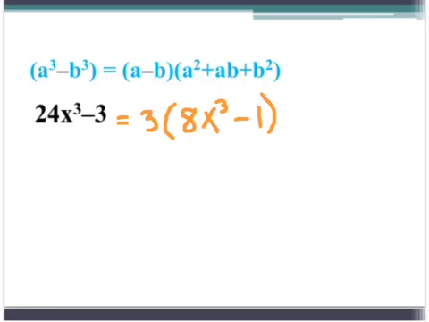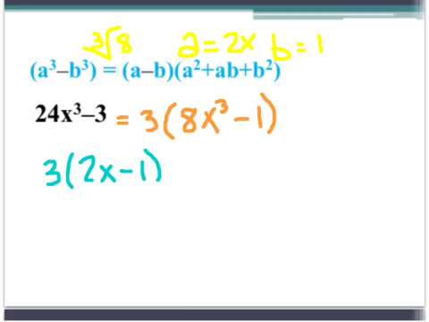So my a is going to be the cube root of 8. So that's 2. A is 2x, my bad. And B is going to be just 1. So plugging this in, don't forget about the 3 hanging out front. That's going to leave me with 2x minus 1 in my small parenthesis, my binomial.